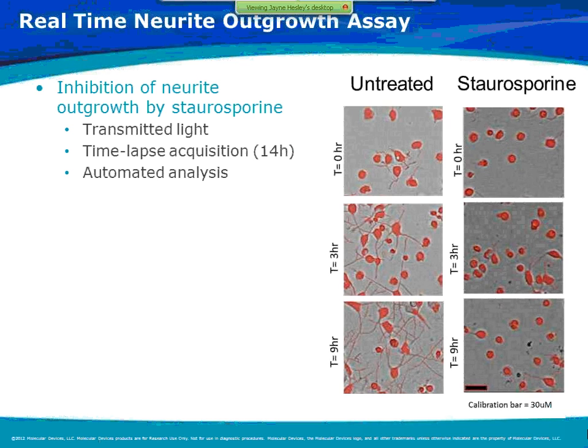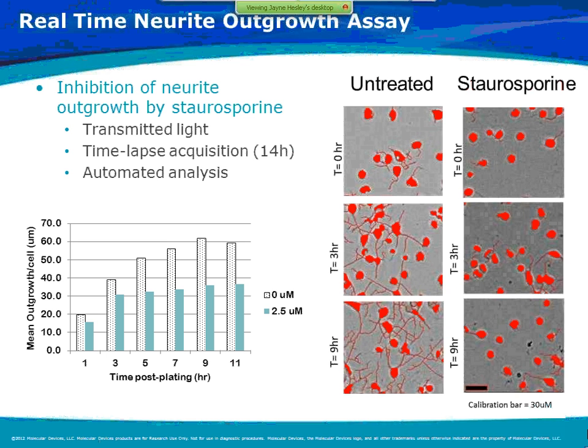You can see that we identified the neurons and the neurite outgrowths in all the wells, but I'm showing you the ones that have the biggest difference between untreated and staurosporine-treated wells. At the different time points, you can see how much they've grown at time 0, then 3 hours, then 9 hours later. And we plotted this on a graph showing that staurosporine significantly inhibited the mean outgrowth per cell.